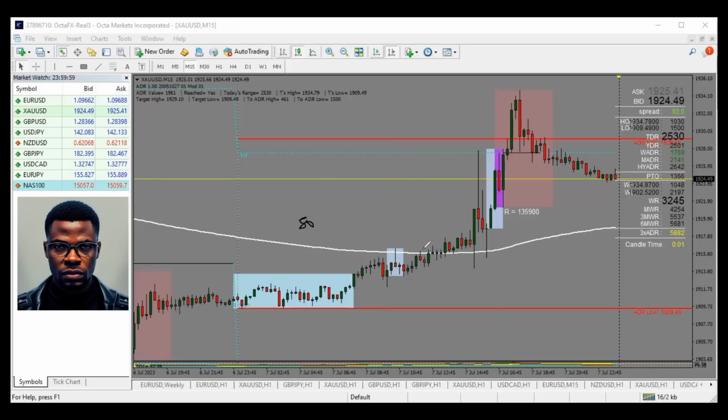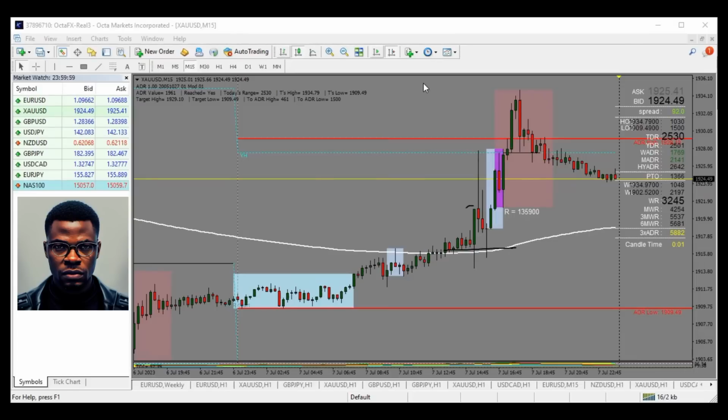Now, how do I stack in position? I already entered my position right here. The market was buying, and all of a sudden started giving me some opposite candles, some bearish candles right here. How do I know that this trend is going to continue? Any candle that closes above the initial high, I know this market is still going to go up.